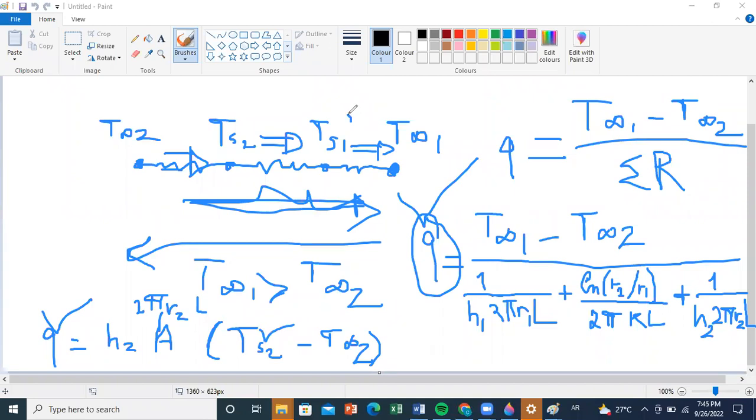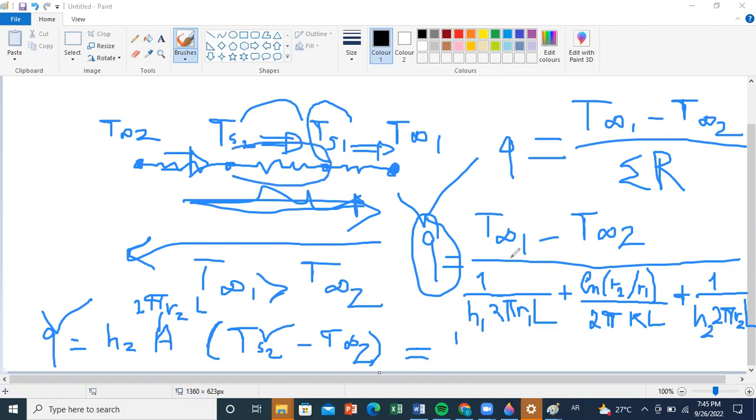Then to find TS1, you relate TS2 and TS1. You say that through the conduction process, I can write that Q conduction, this flux, is equal to the conductive flux through this resistance.